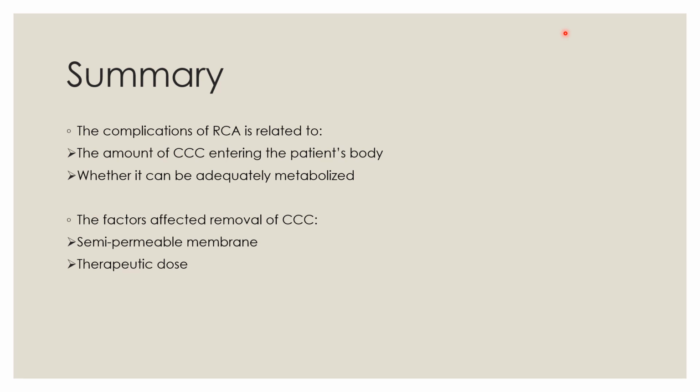The factors affecting removal of complex have influence on the acid-base balance, such as the semi-permeable membrane and therapeutic dose. The more complex that is removed by the filter semi-permeable membrane, the less citrate calcium complex will enter the body.